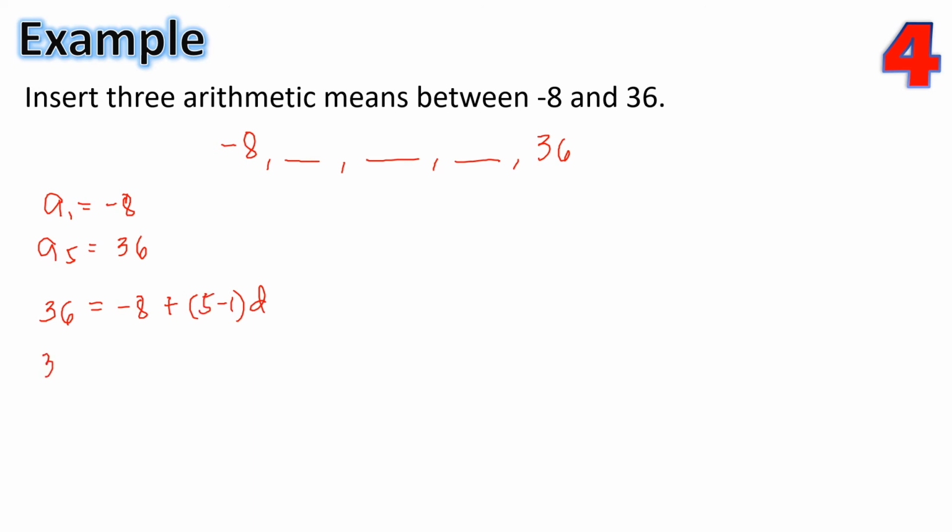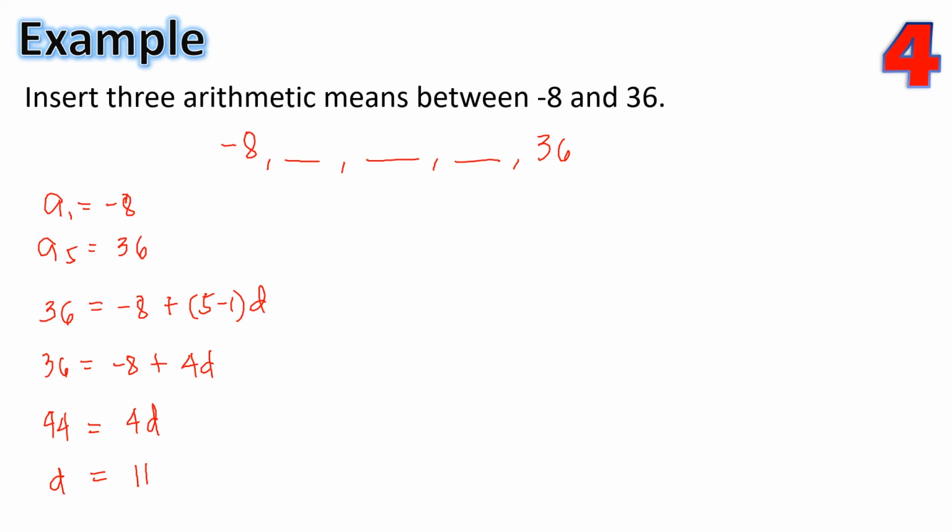So we have 36 is equal to negative 8 plus 4d. Adding 8 to both sides of this resulting equation, we have 44 is equal to 4d. And then we divide both sides by 4, we get d is equal to 11.